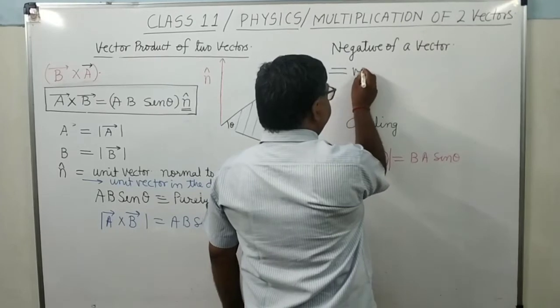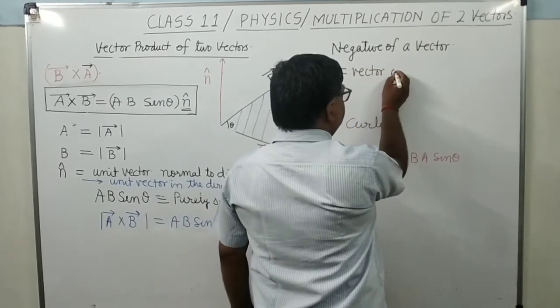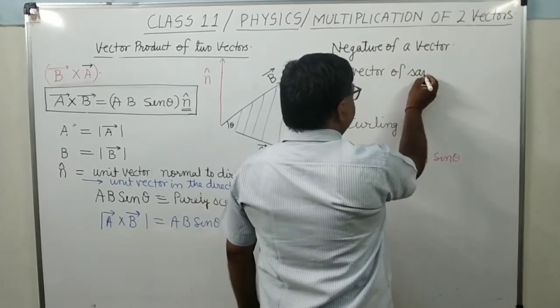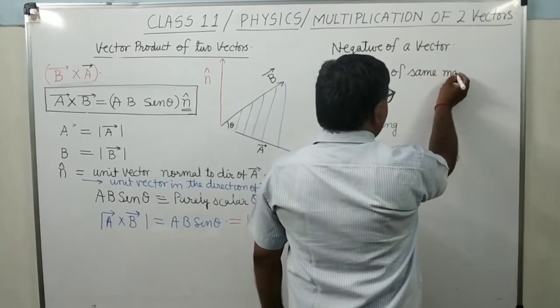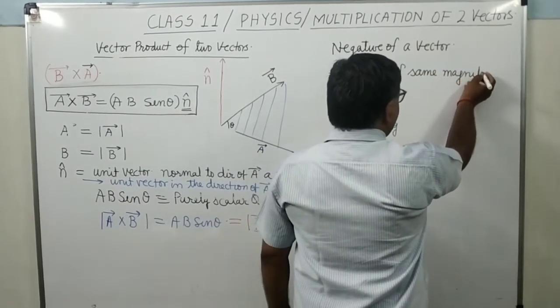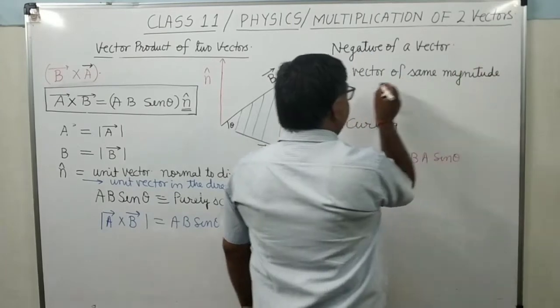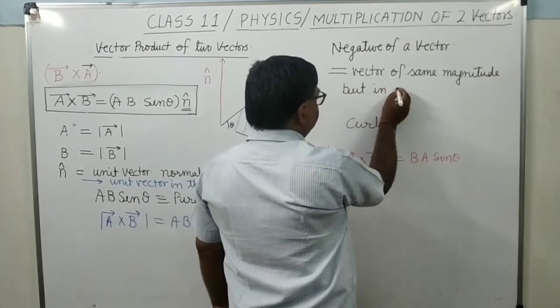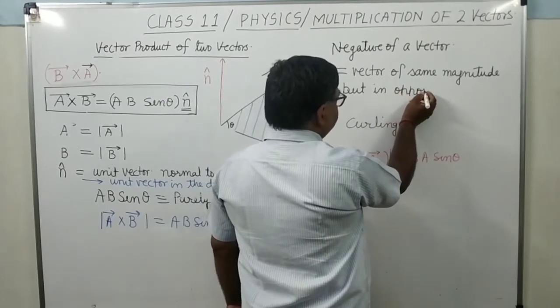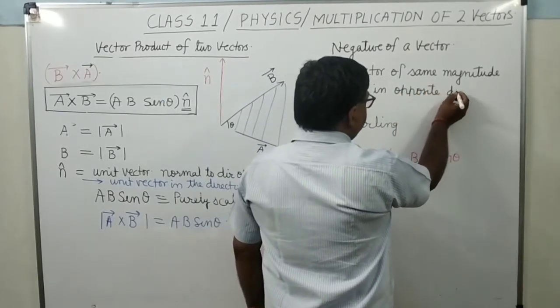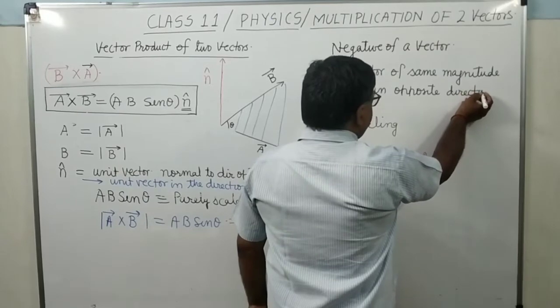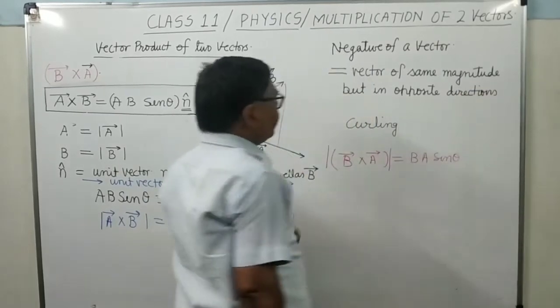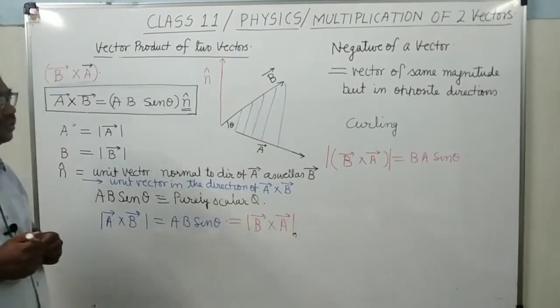Vectors of the same magnitude but in opposite direction. Both the vectors are of the same magnitude but in opposite direction.